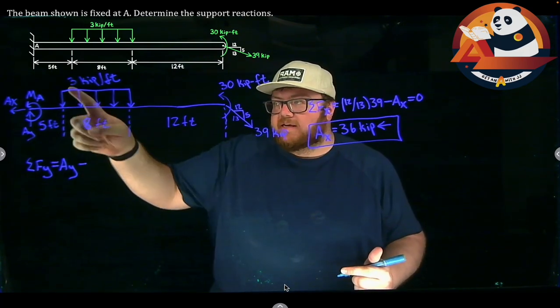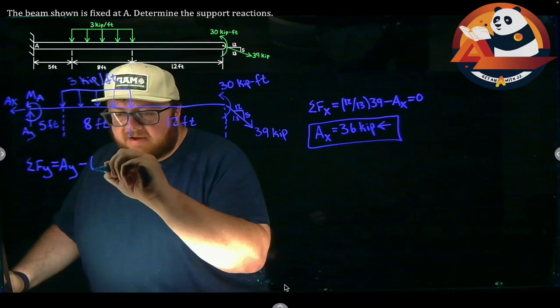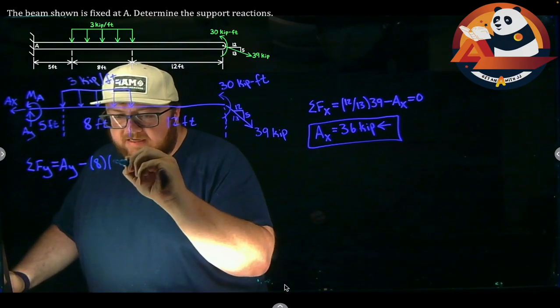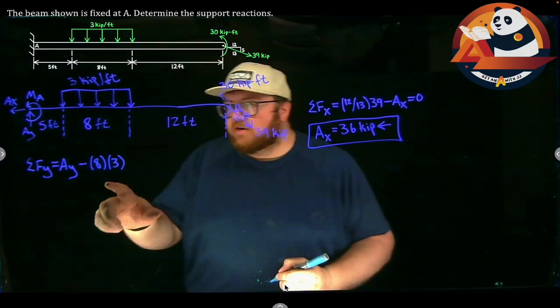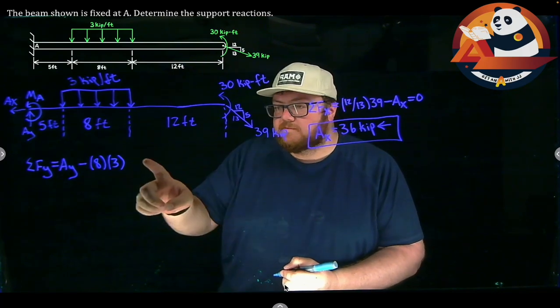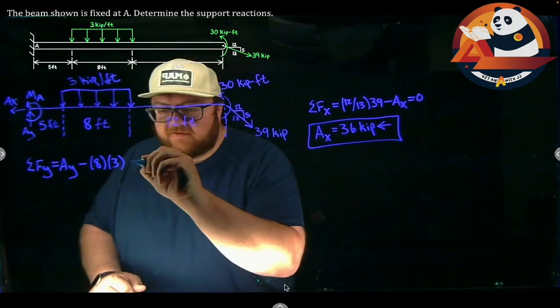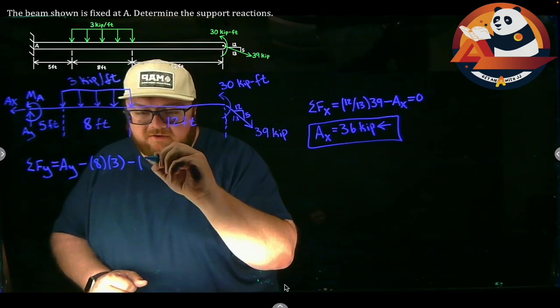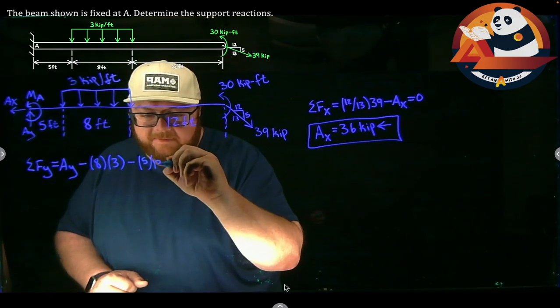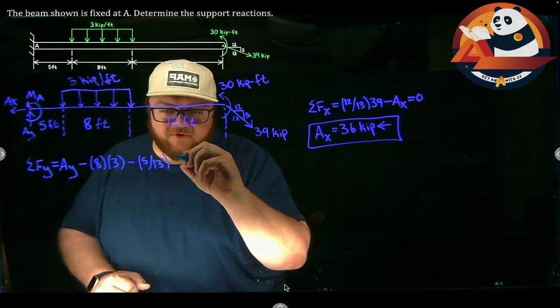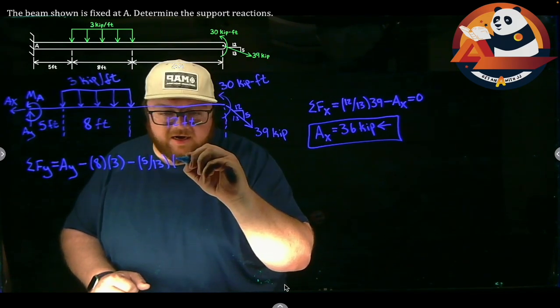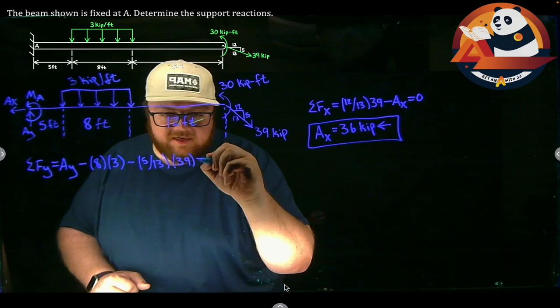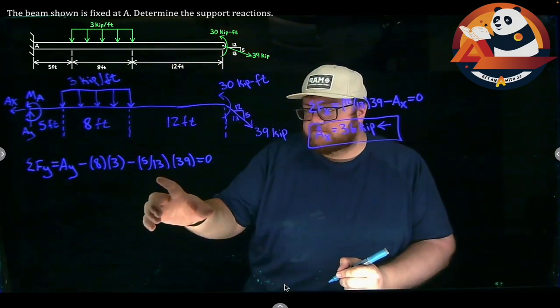Our base is 8, our height is 3, so say minus area, 8 times 3. That's the force of that distributed load. And then minus the Y component of that 39 kip force, which would be minus our Y leg of the triangle, 5 divided by the hypotenuse, 13, times the force, times 39 is going to get us all the way out to 0.